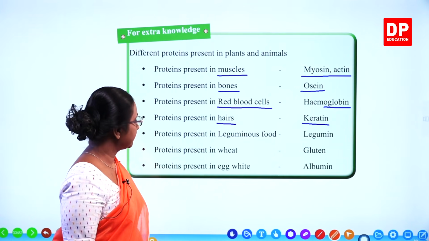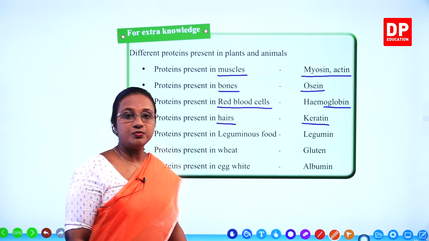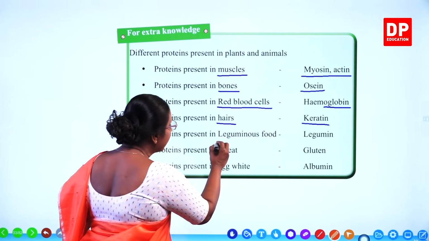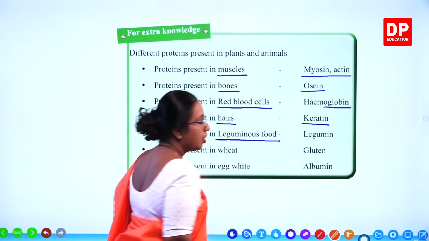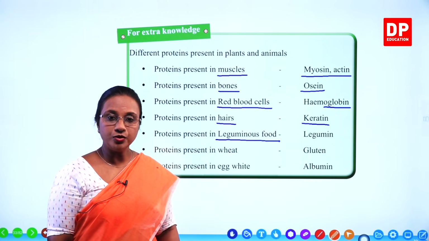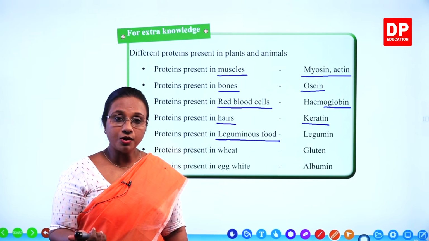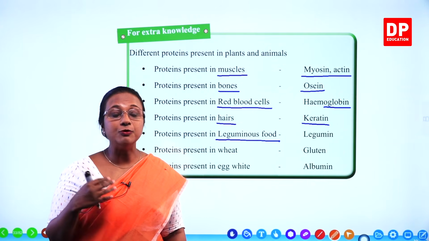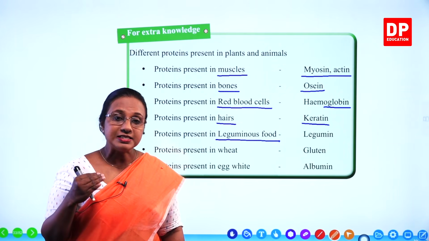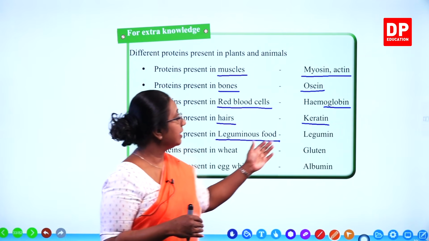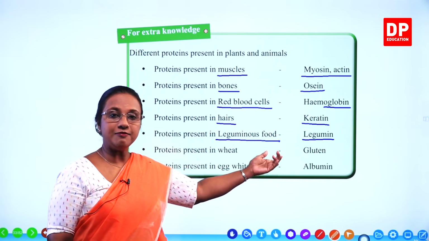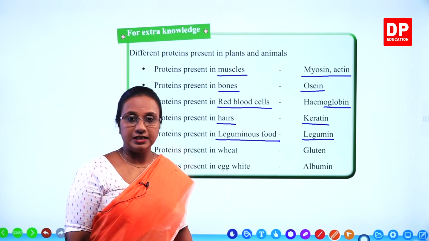Now here you can see two examples where protein is present in plants. In leguminous food, when we say leguminous food, beans, long beans, soya beans, all these are known as legume plants. So these legumes contain a protein called legumin. So the name itself refers to the protein.